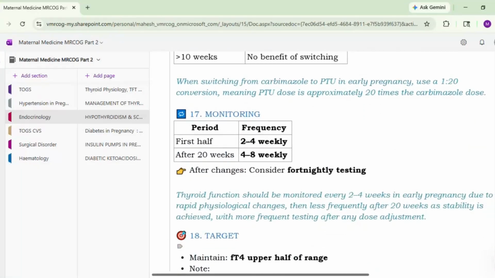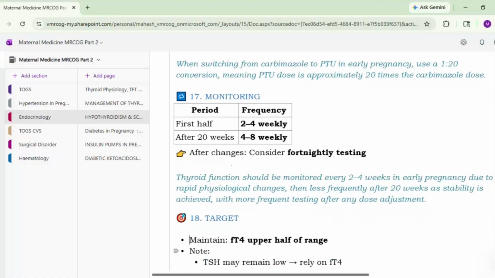Then how frequently will you monitor? In thyrotoxicosis, more frequent monitoring in the first half, 2 to 4 weekly, after 20 weeks 4 to 8 weekly, and after changes, once you have changed the dose, you will have to monitor fortnightly. Okay.